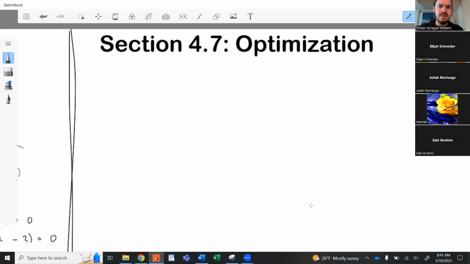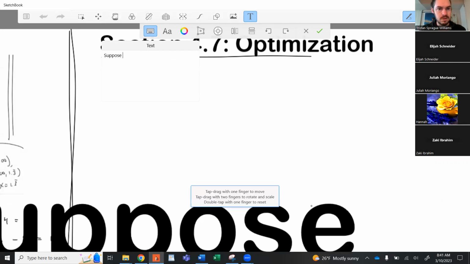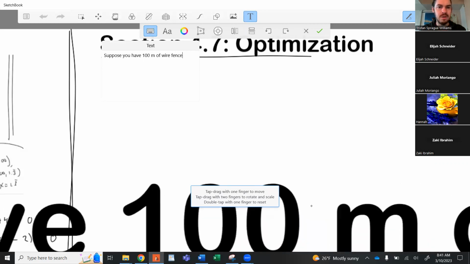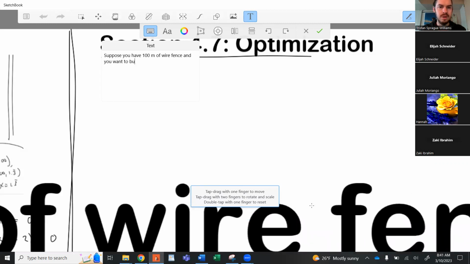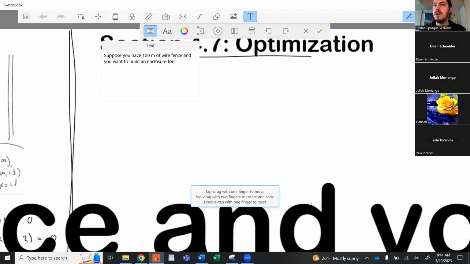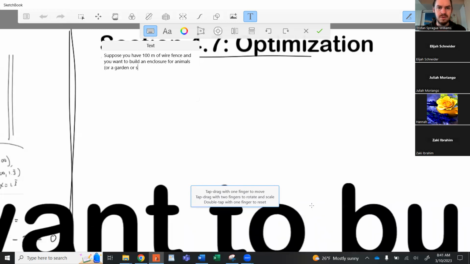So let's look at an example. Let's say that you have some fence, and let's say you're a farmer or a gardener. You've got some fence. You have like 100 meters of wire fence, and you want to build an enclosure for animals or garden or something.